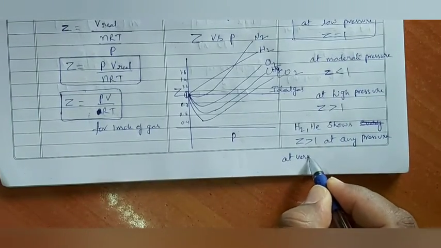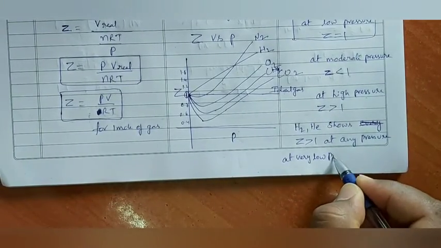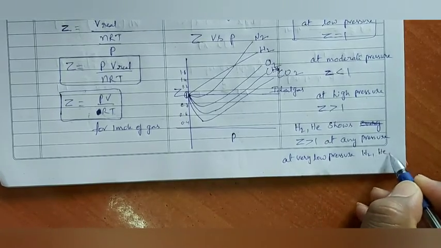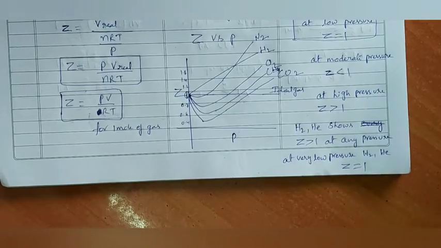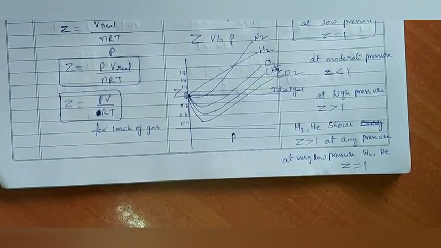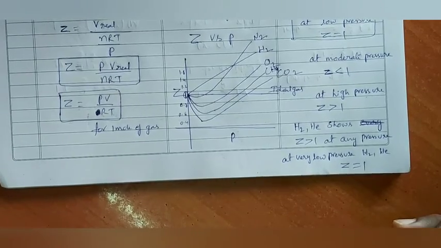At very low pressure only, hydrogen, helium, they will show Z is equal to 1. So hydrogen and helium, they will not show negative deviation from ideal gas behavior.